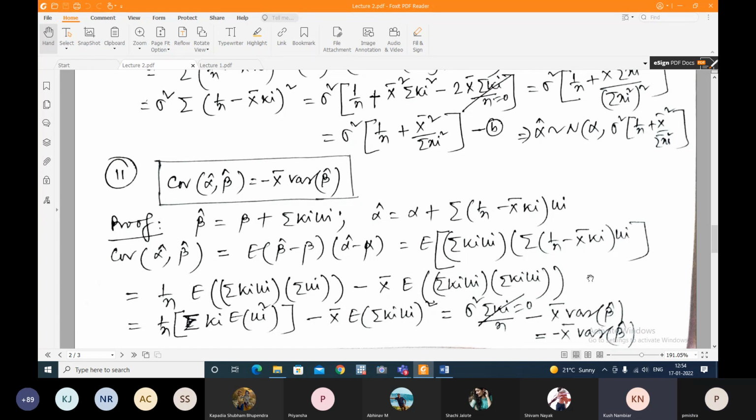Second, if it is consistent, then as n tends to infinity, alpha hat will tend to alpha. And third, if it is efficient, that means if it has minimum variance amongst all the unbiased estimators of alpha, then obviously the deviation is minimized and this alpha hat would be closer to alpha.